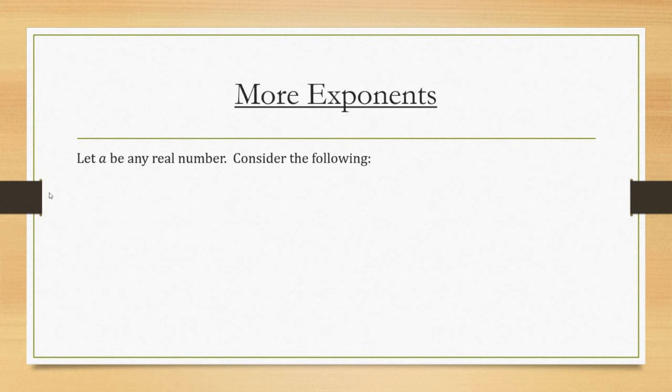All right, well, let's see some more exponents. We're going to see some more rules now. So again, we have a real number a. Let's consider this. Here we have a cubed, and then we're squaring that, meaning we're multiplying it by itself.